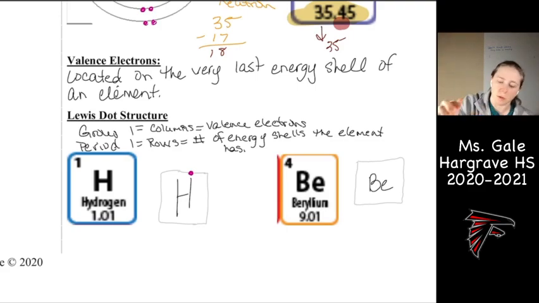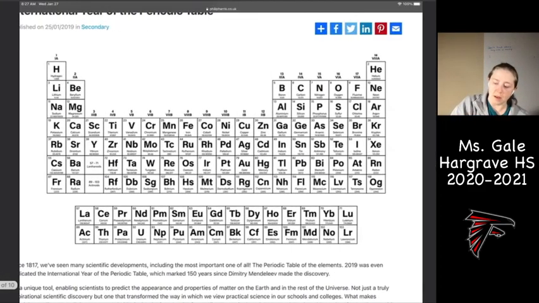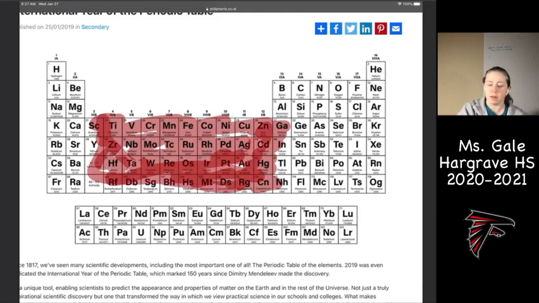Let me show you something real quick. Here's the periodic table that we usually look at. We are not going to worry about all of this stuff in the middle.